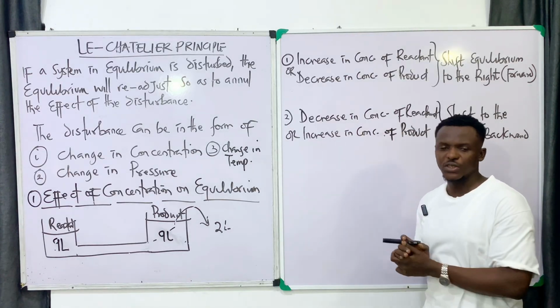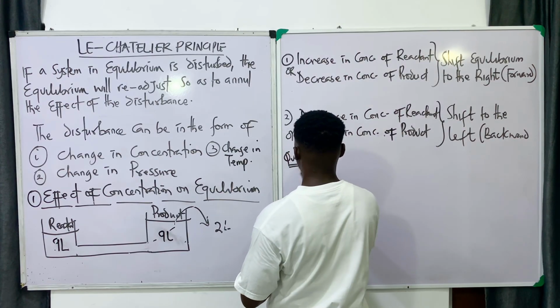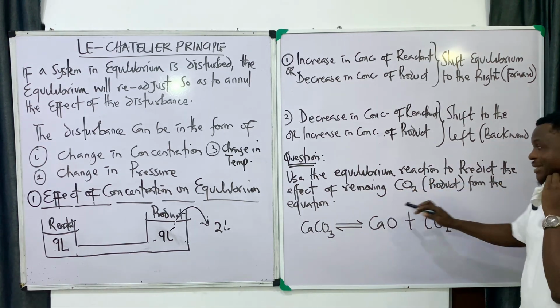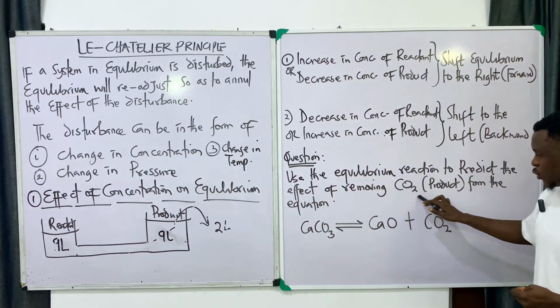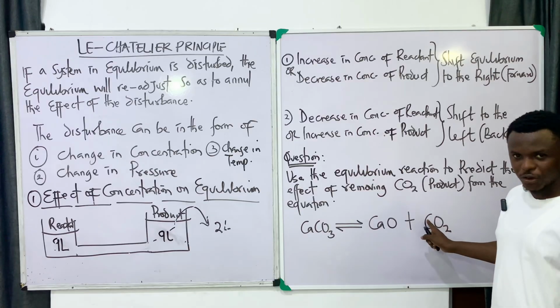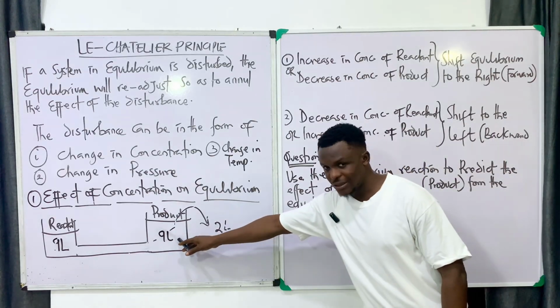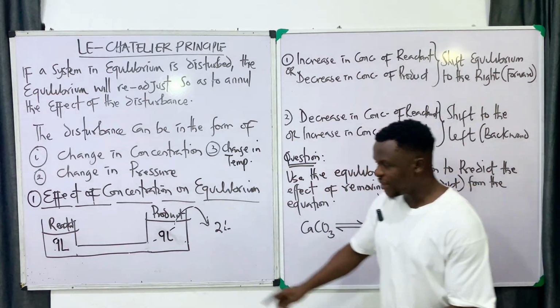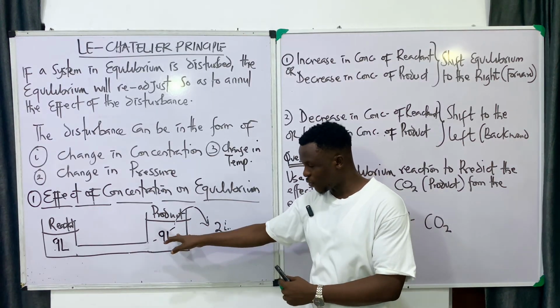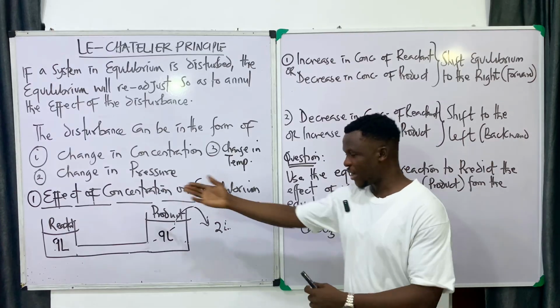Now, let's look at this question. They said, use equilibrium reaction to predict the effect of removing CO2 from this equation. Class, CO2 is on the product side. Just imagine what we did here previously. What will be the effect of removing water from the product side here? Because let's assume CO2 is in this container and this is in the other container.